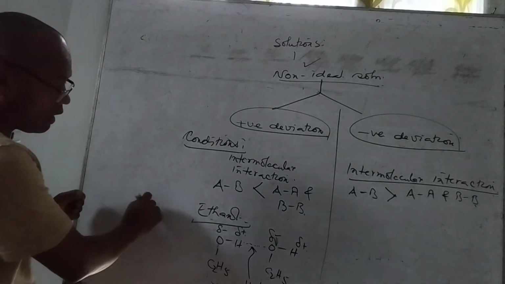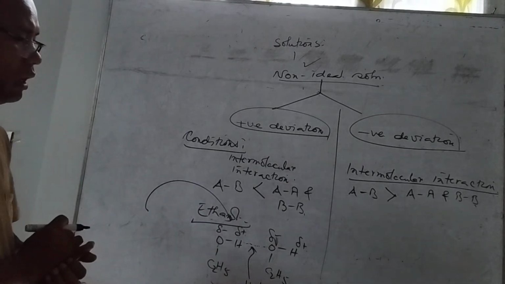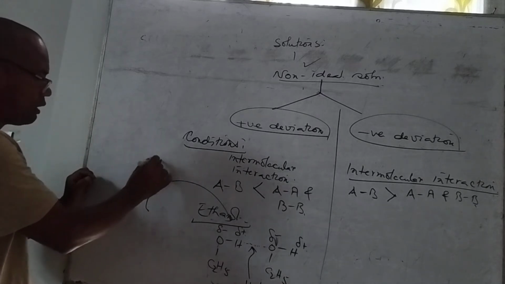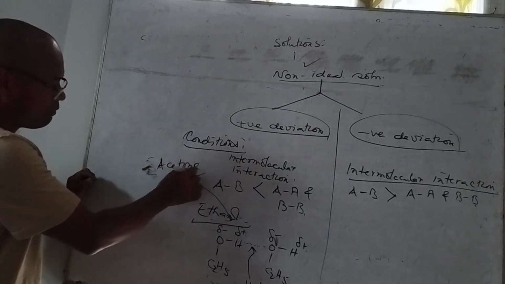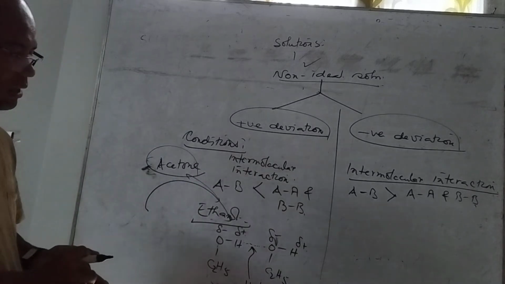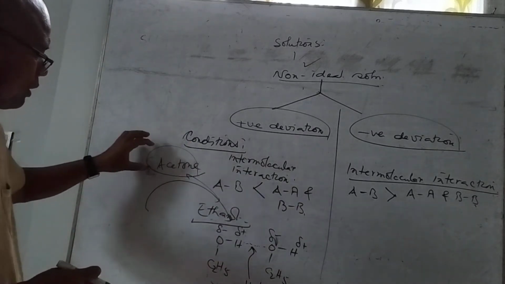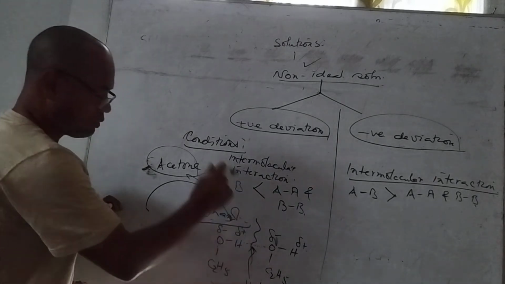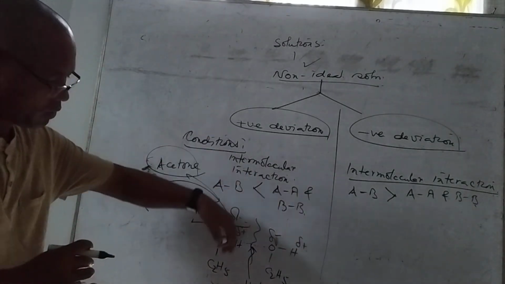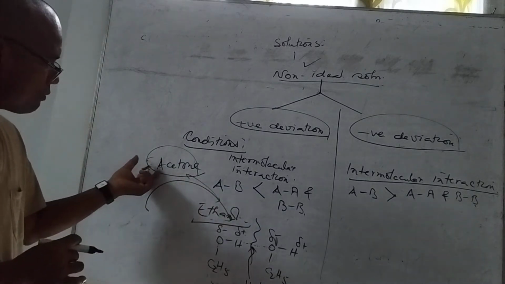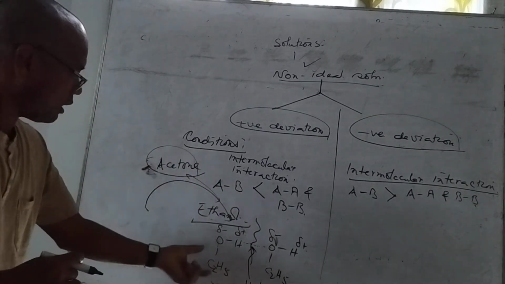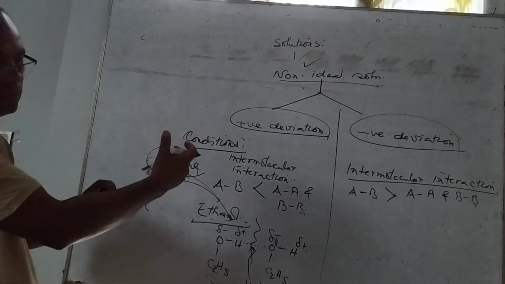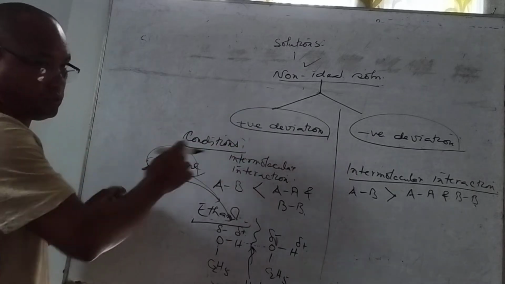So in ethyl alcohol, I add another liquid, let me say acetone. When we mix the ethyl alcohol with acetone, this bond is weakened; it breaks this bond and forms a weaker bond between the ethyl alcohol and acetone. That type of mixture we call positive deviation.